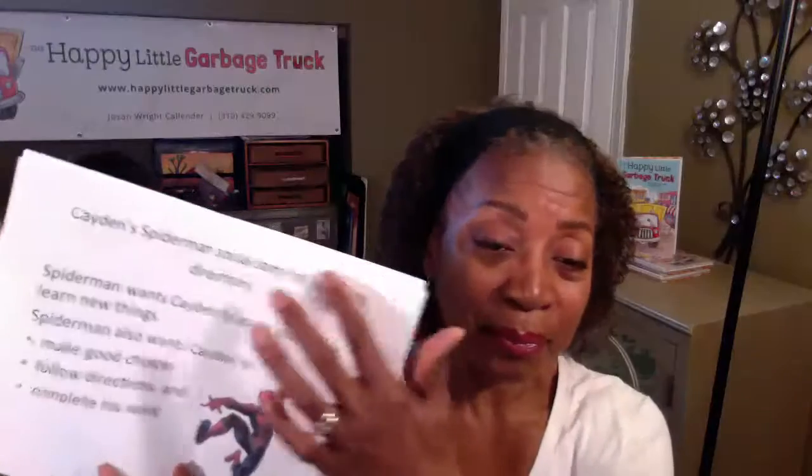So I started off, and this top border is just telling you that it's for Caden, but the social story is actually the body, and I'll read that. Spider-Man wants Caden to go to school and learn new things. That's our descriptive sentence. Spider-Man also wants Caden to make good choices, follow directions, and complete his work. And there you have the directive.